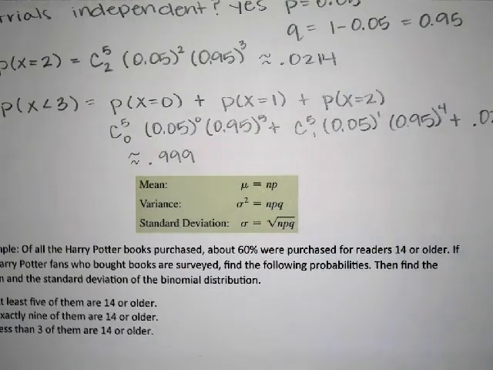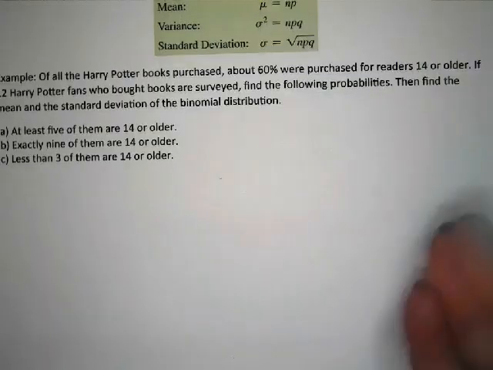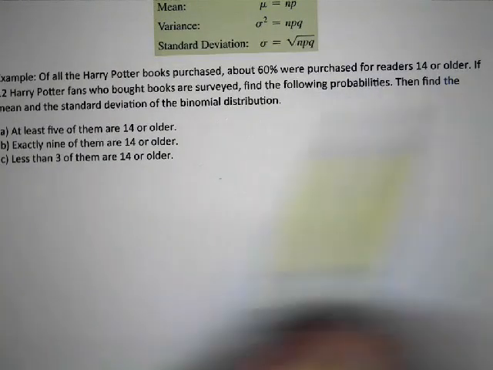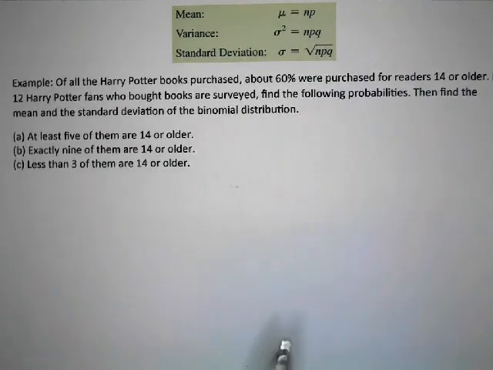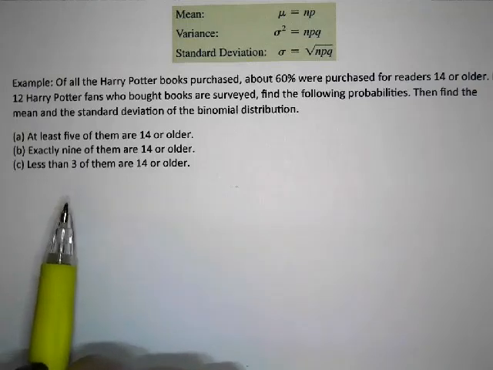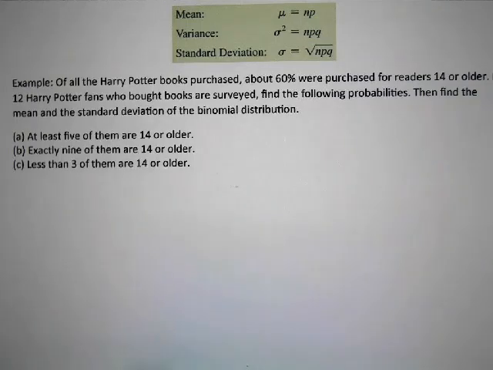So if we had, in this case, 12 different people that we're talking to, at least 5 of them are 14 or older. Now we're starting to add more together. If we were to add 20 pieces of data together, that would be really frustrating to have to type that formula 20 times and add all those numbers together. So I'm going to show you guys how to work with the table.